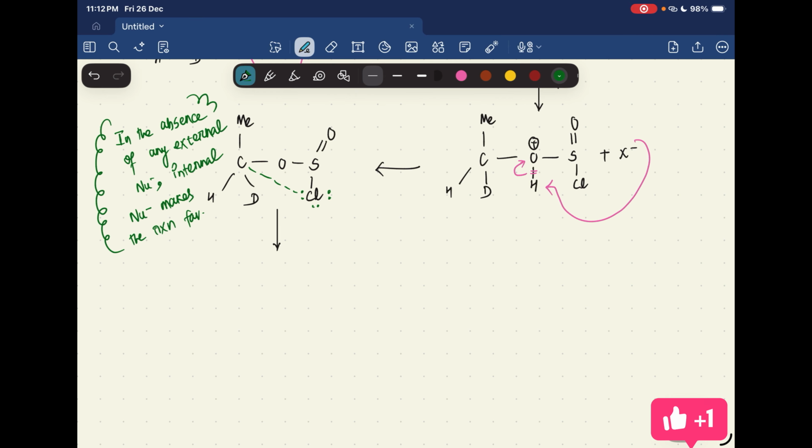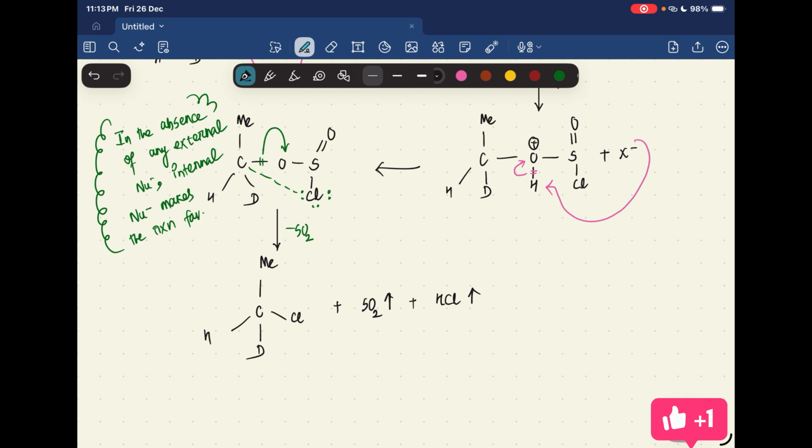So chlorine itself acts as a nucleophile which supports the carbon, because this electron will jump here, and this will be removed as SO2 gas, so that the chlorine will attach to the carbon to neutralize it. So here it is methyl group, chlorine, deuterium, and hydrogen. Along with that, the byproducts are SO2 gas, and earlier HCl gas has been removed.